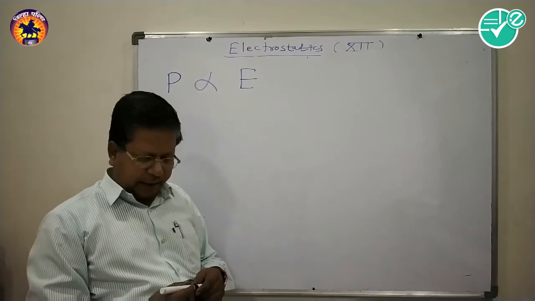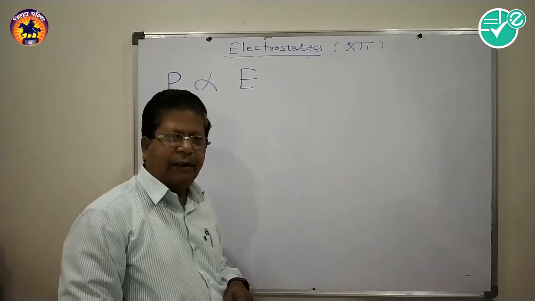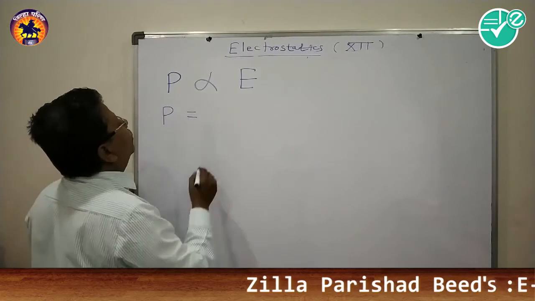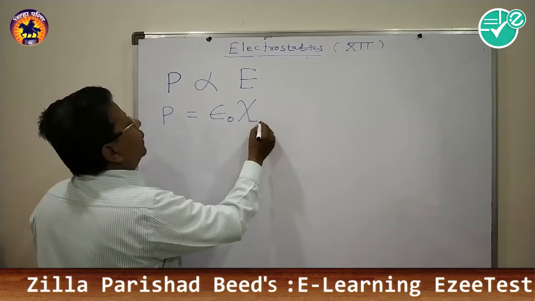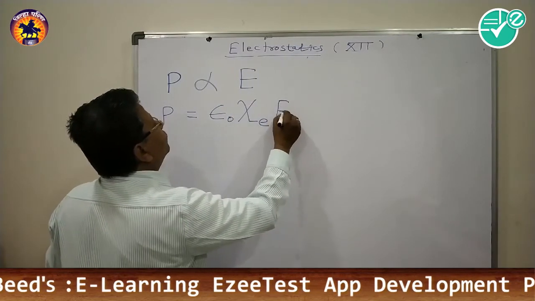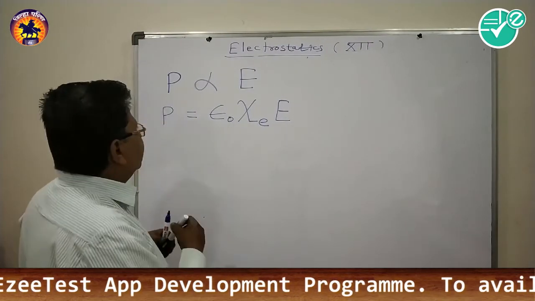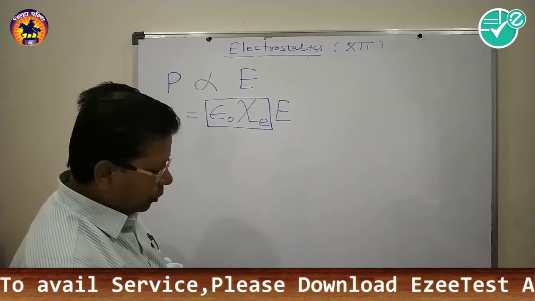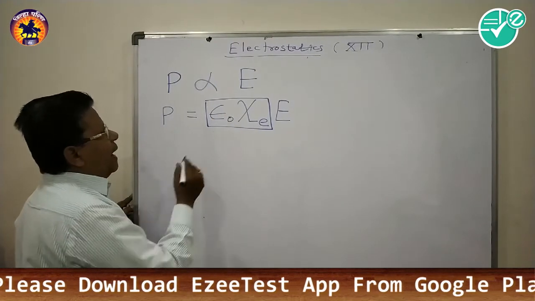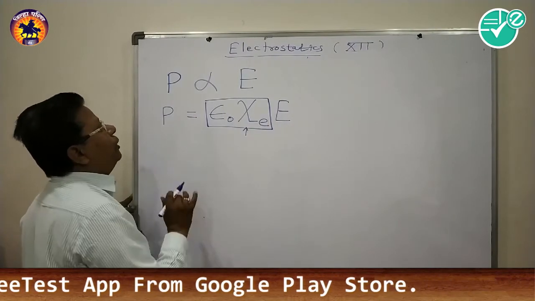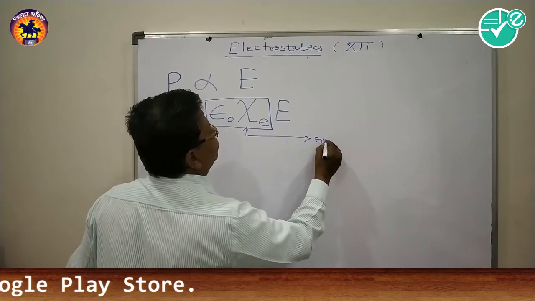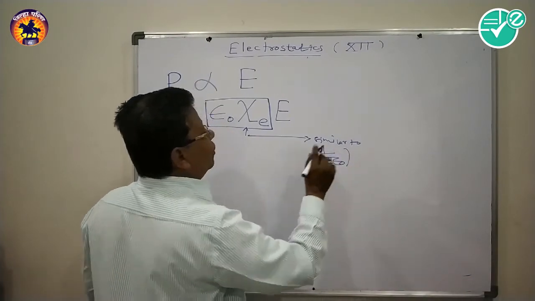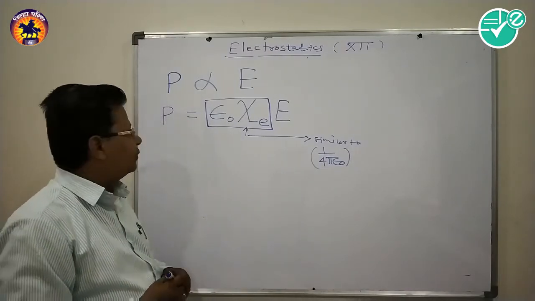So we write electric polarization P equal to epsilon 0 into chi E into E, where epsilon 0 into chi E is the proportionality constant, similar to 1 upon 4 pi epsilon 0, which is taken as a constant in Coulomb's law in electrostatics.